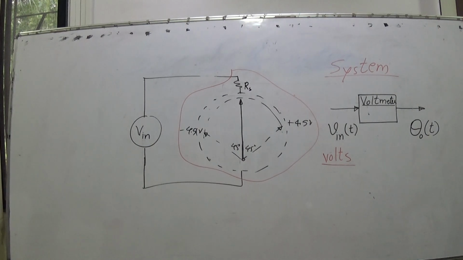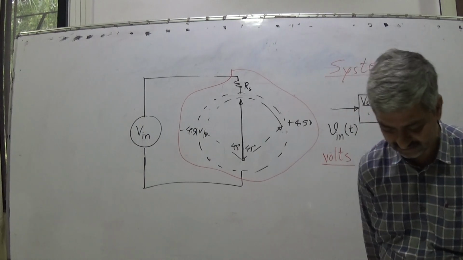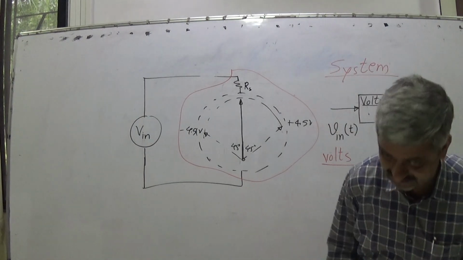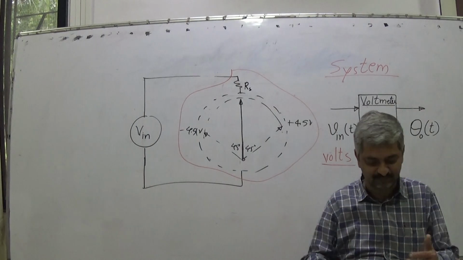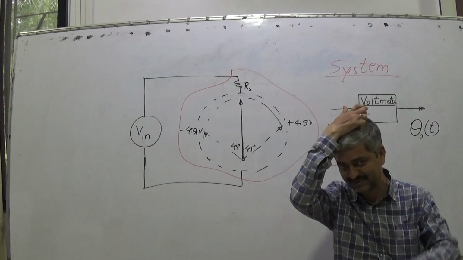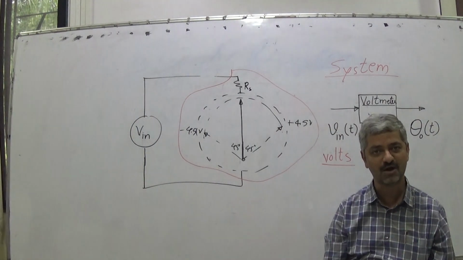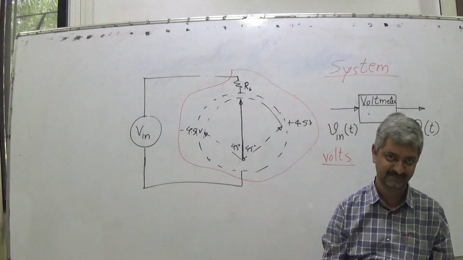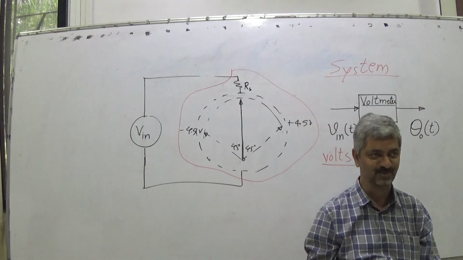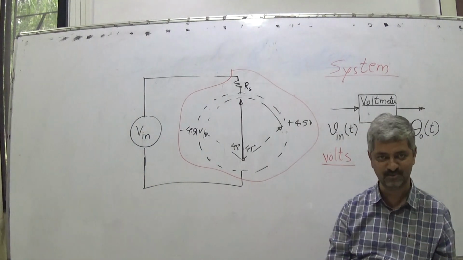Then again, if you are too classical, you are students of Walchand College, a very reputed college, so you have to be classical. So to be very precise, does angle have any unit? No. Why? Because angle is the ratio of arc upon radius. So it is a ratio of distance upon distance.